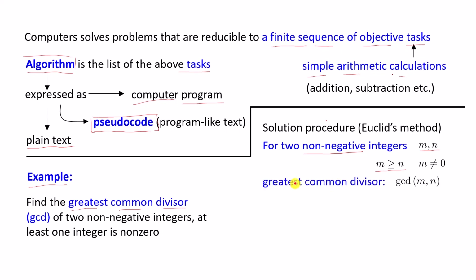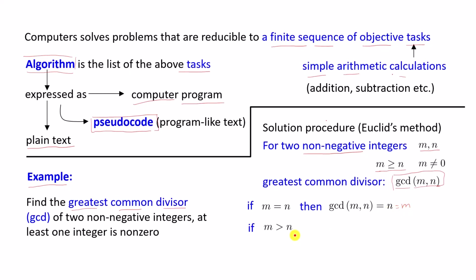Now, the greatest common divisor of it, let us say that is GCD of m and n. We use this notation for greatest common divisor. To find the greatest common divisor, we know that if m and n are equal, then GCD is n, or you can say GCD is m, whatever it is, because n and m are equal.